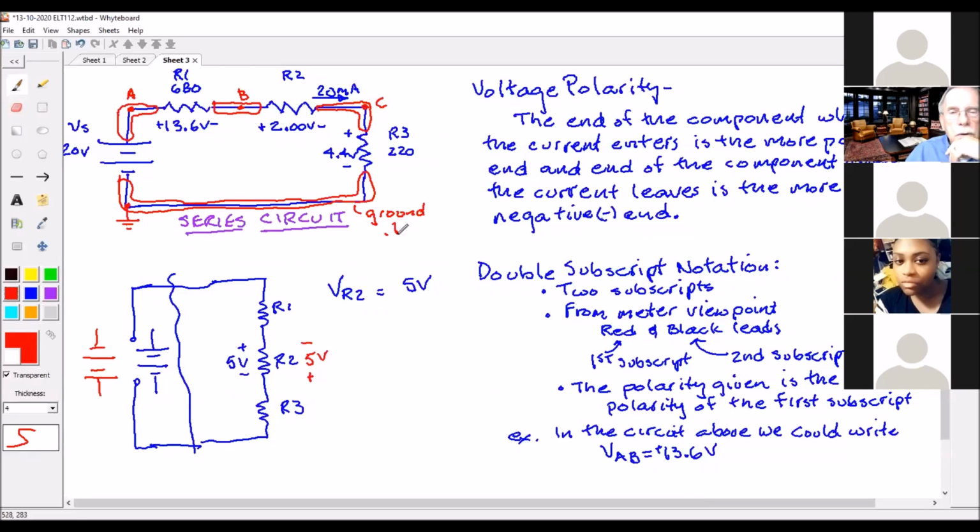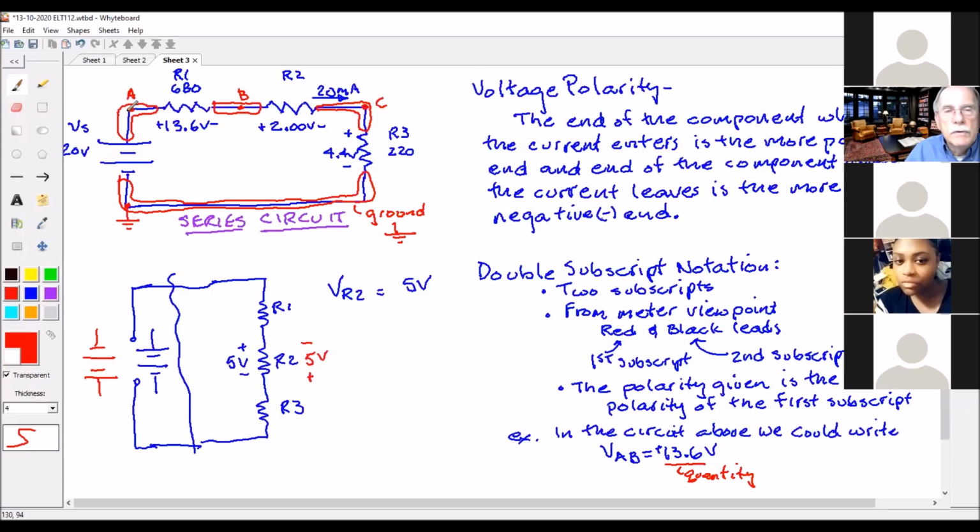Remember the ground symbol looks like that. So what is this telling us? It's telling you that the quantity of the voltage is 13.6 volts.